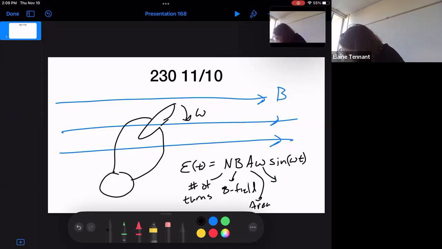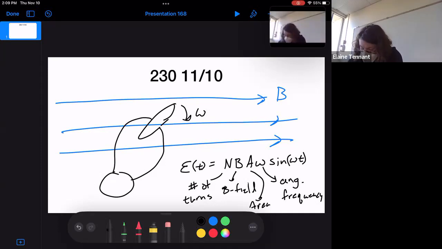And then angular velocity, or we might even call this angular frequency, where this is how quickly you're going to spin this loop. And that is something that is kind of easy to change, because once you have a mechanism to spin this loop, you can say spin faster or spin slower, and so that's not bad.